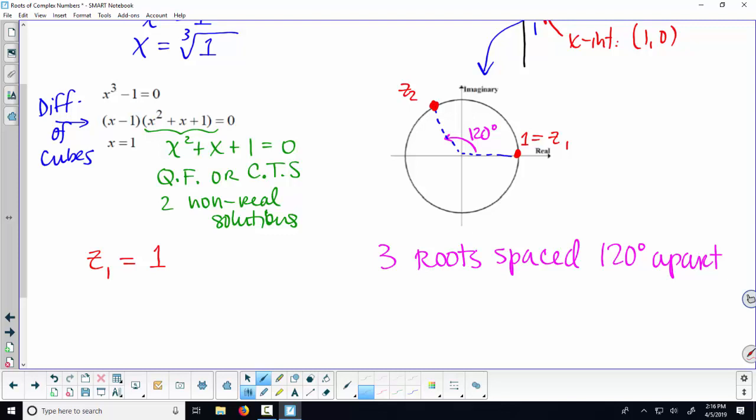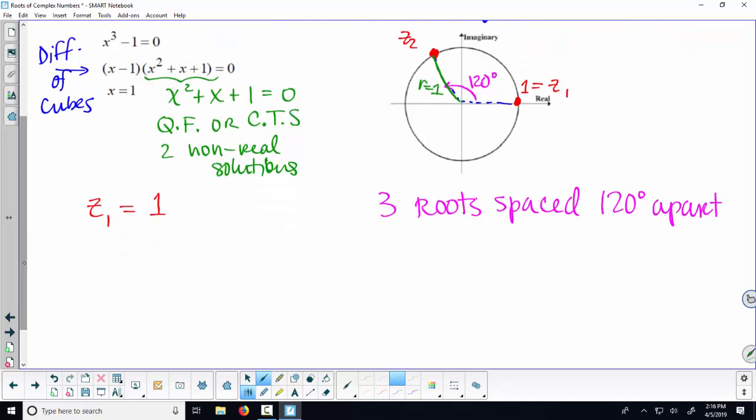Remember that the distance that complex number is from the origin is r, or 1. So we've got our complex number z sub 2, and we can write it in trig form. That complex number is 1 unit from the origin, and then I can say cis, cosine i sine, and its direction angle is 120 degrees.